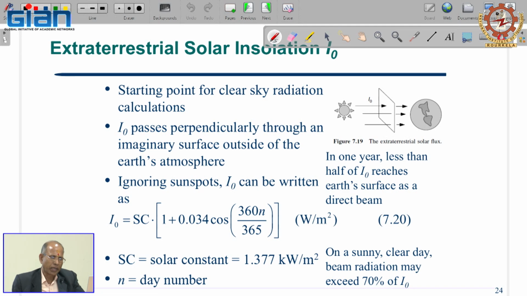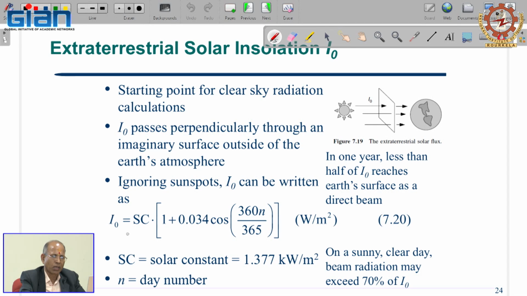Okay. So here basically, the starting point for clear sky radiation calculation is I naught, from the sun, which passes perpendicularly through the imaginary surface outside the Earth's surface.